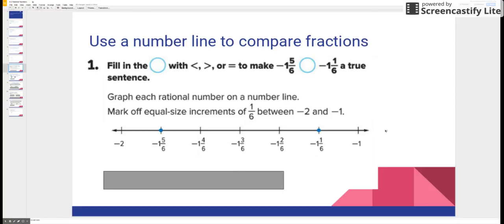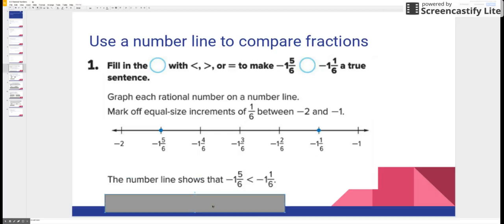Think about it. 0 would be here, -1 and -2. -1 and 1/6 would be plotted here, and -1 and 5/6 would be plotted there. So anything to the right is greater. So the number line shows that -1 and 5/6, so right here, is less than -1 and 1/6.